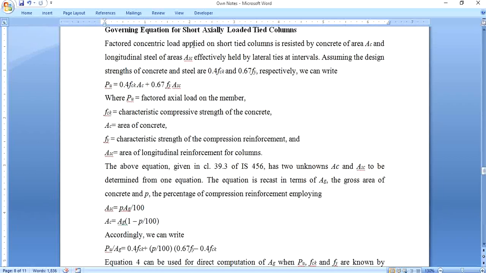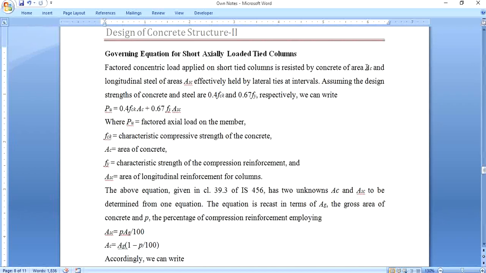The factored concentrated load applied on a short tied column is resisted by concrete of area AC and longitudinal steel of area ASC. That means area of concrete is AC, and area of compression steel is ASC.